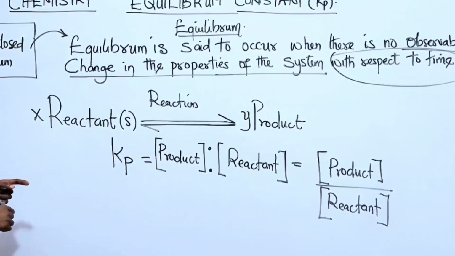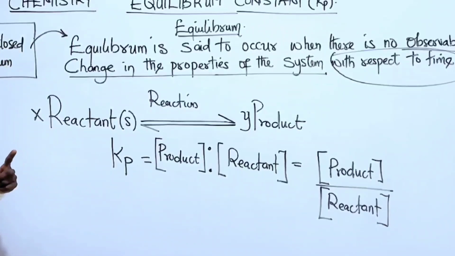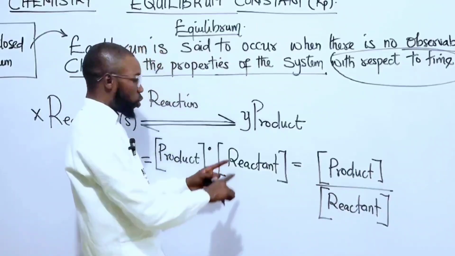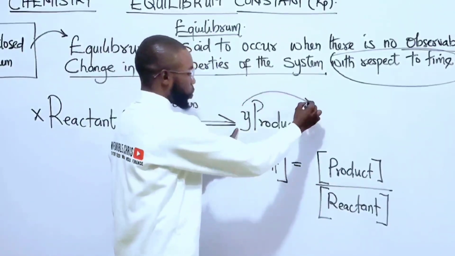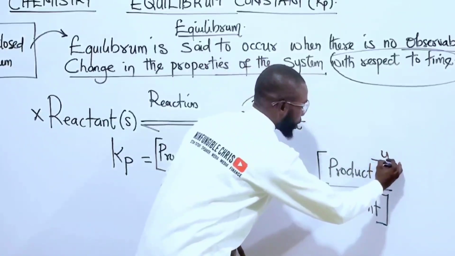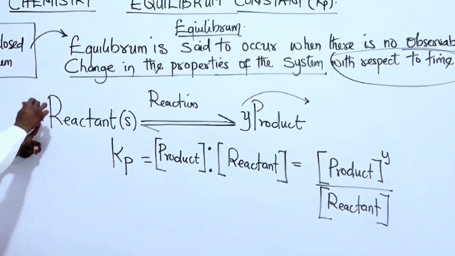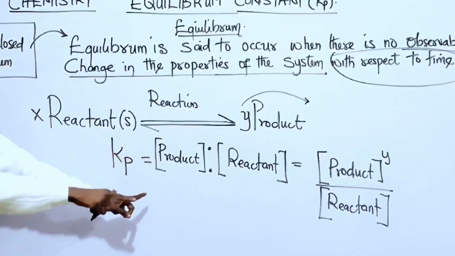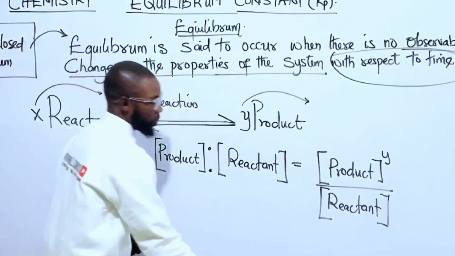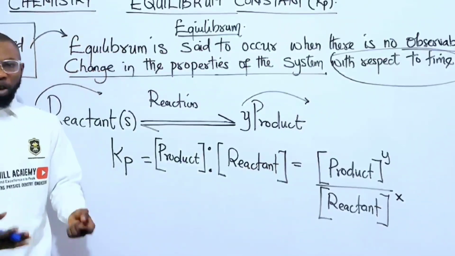When we represent them in our equilibrium constant, instead of just having the concentration of the product, the y is going to form a power, so at the product side the y is going to come here as a power. Also, for the coefficient of the reactant, the x here is going to form a power, thereby forming a small letter x here. That's simply how to represent the equilibrium constant.